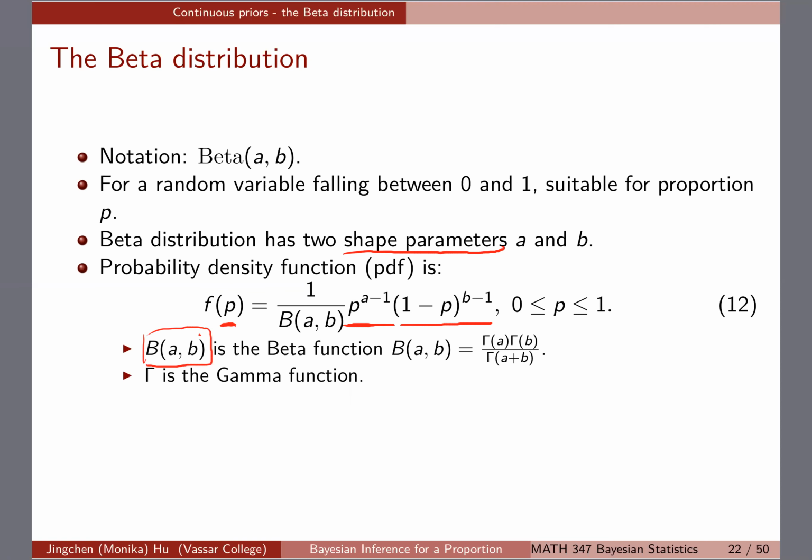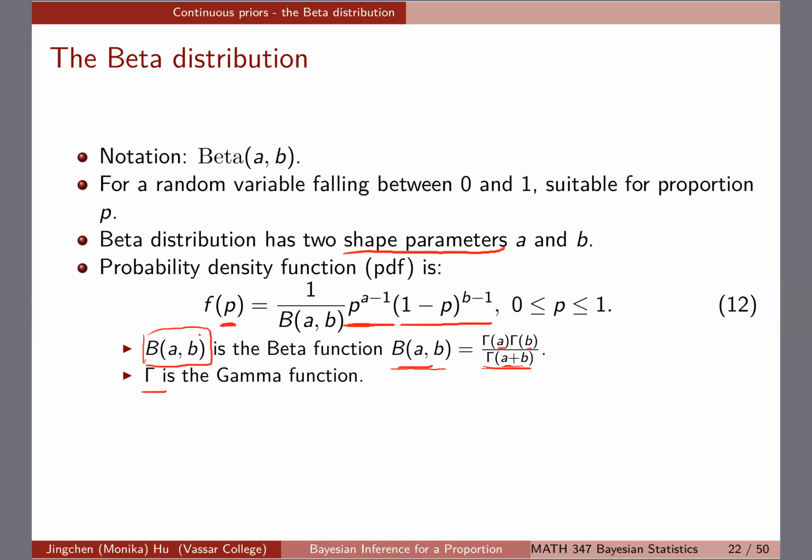In order to compute it, you will need to know what a gamma function is, but don't worry too much about it. You will see that later. Those are considered constants when we're deriving the posterior. Just know for now that those are particular constants because the beta function depends on the gamma function, but in this case you need to know what A and B are. So if we fix A and B, those are constants overall.